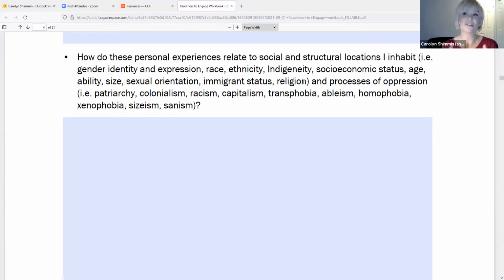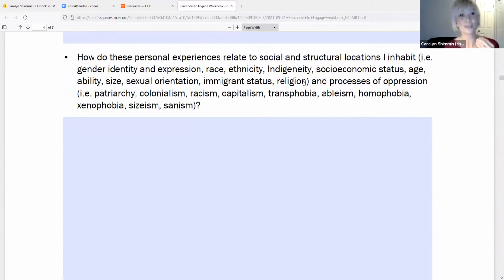But it's important to also say how these are connected to larger processes of power and oppression. So things like patriarchy, colonialism, racism, capitalism, transphobia, ableism, homophobia, xenophobia, sizeism, and saneism, because this will start to make us think about things like unearned advantages and privileges and unearned disadvantages as well, and how these things relate to the way in which we approach a research subject and approach an area of health research, and how it shapes our values and our perspectives and experiences as well.